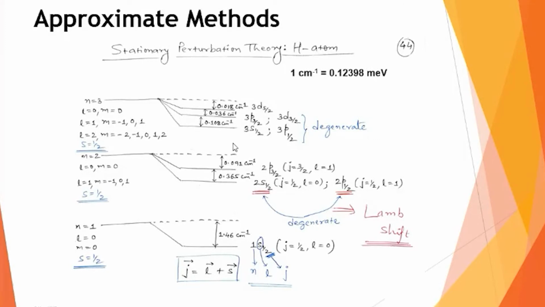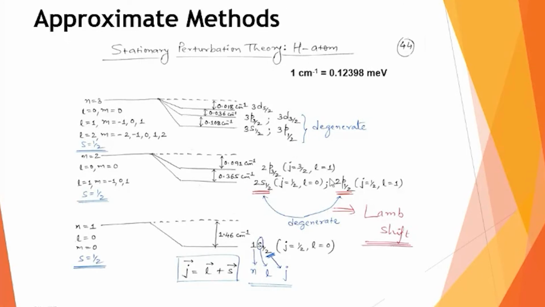And if I now use spectroscopic notation to denote all these states, right? Whenever the n value is written, that value is written as a prefactor, as a numeral. You can see this 1 which I have written before 1s, that 1 indicates that it is the ground state, or n equals 1. Whenever I write 2s or 2p, that 2 indicates that the value of the principal quantum number n is 2.